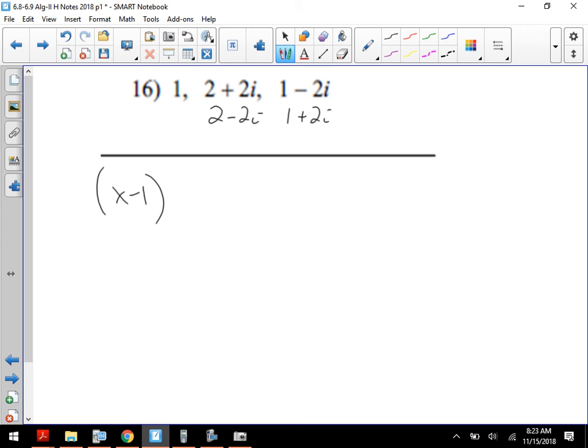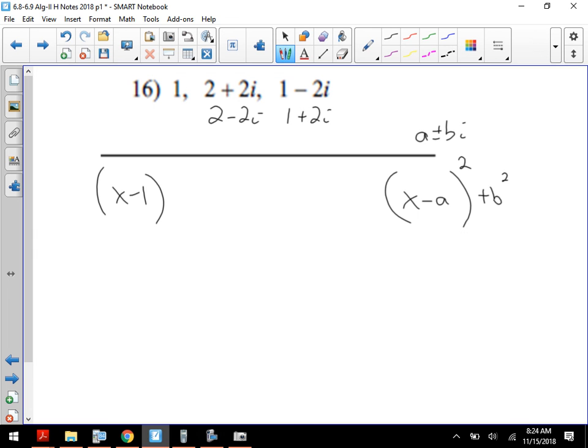Do you guys remember the shortcut when we were writing it out in terms of a plus or minus bi? Remember, all that winds up being is x minus the a, quantity squared, plus b squared. It'll always be that.